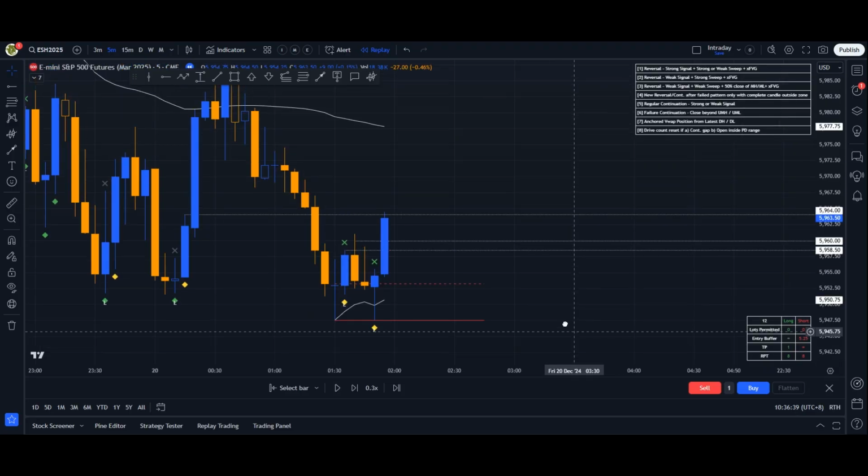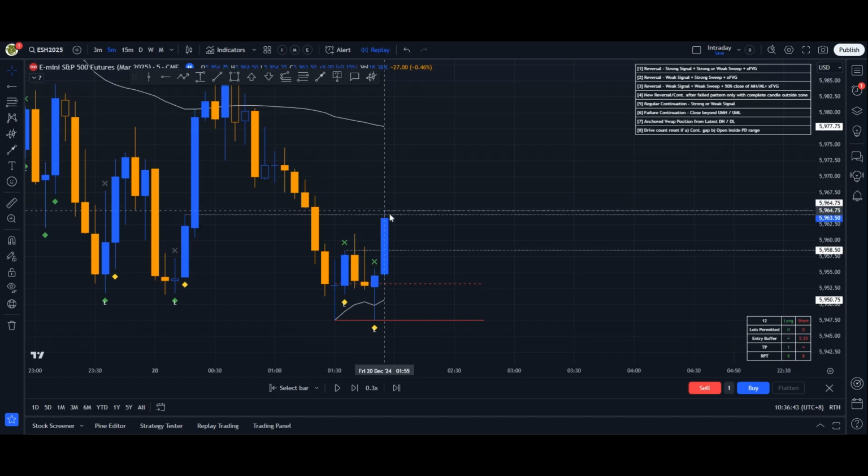So in ideal cases, or as we refine our methodology, probably the right long to be taken would be this and not this. But any which way, this trade in reality kind of gave me a minor scalp, and was okay. But we should try and figure out if this is the right pattern to take the trade off from.